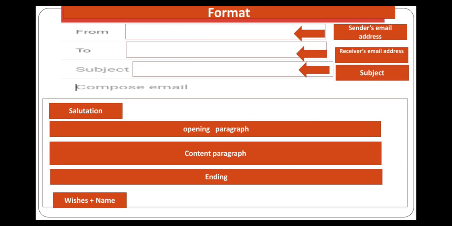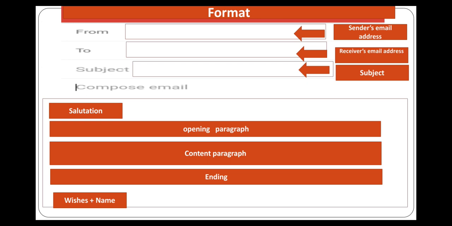Now the salutation is the first phrase in the email. For example, dear friend, or dear Muhammad, or just dear. It's dear teacher, dear professor. So dear plus something. So this is the salutation. You salute or you greet someone.